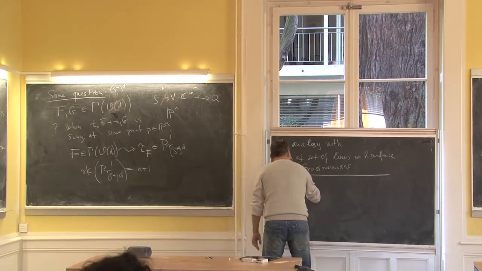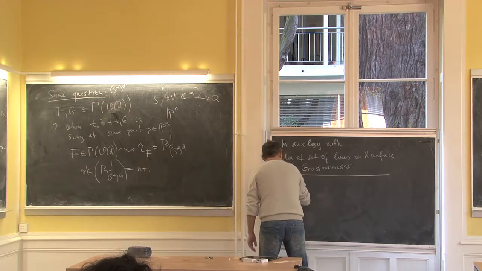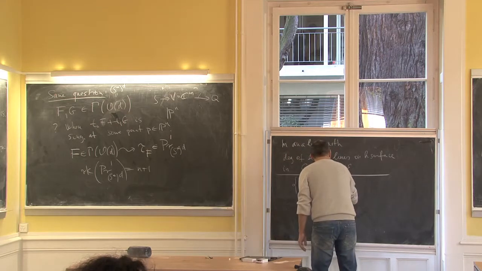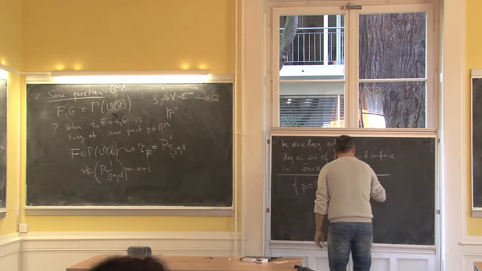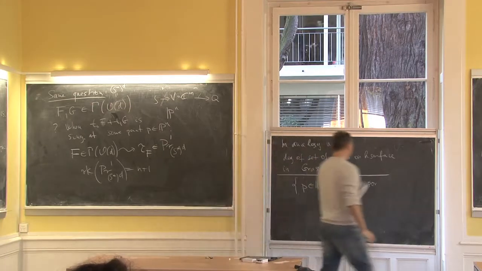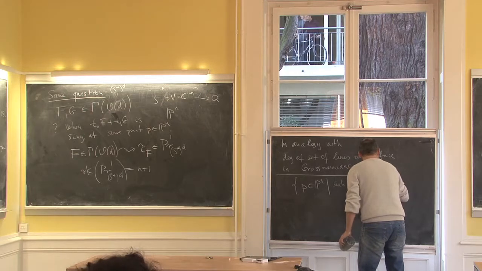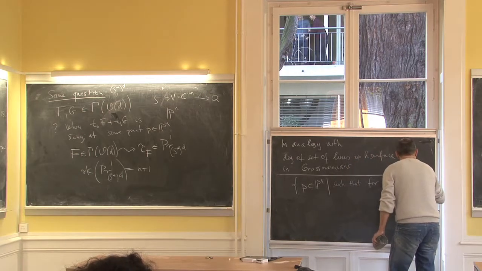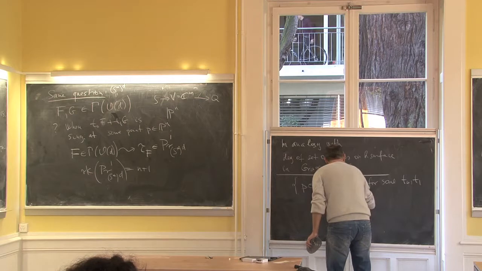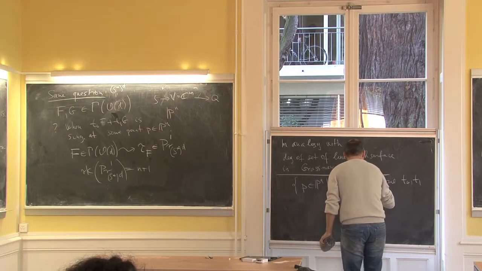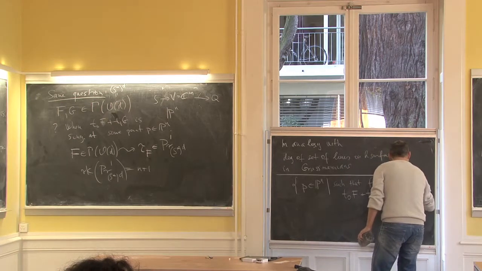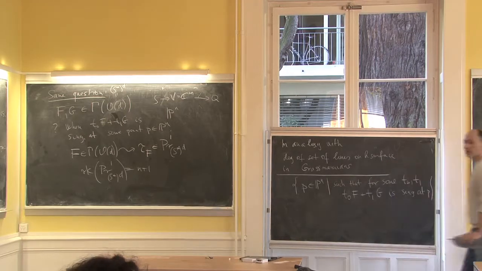I fix this f and g, and I would like to find the set of points P in Pn such that there exist T0, T1 for which T0 F plus T1 G is singular at P. Okay, so this is what I'm asking.